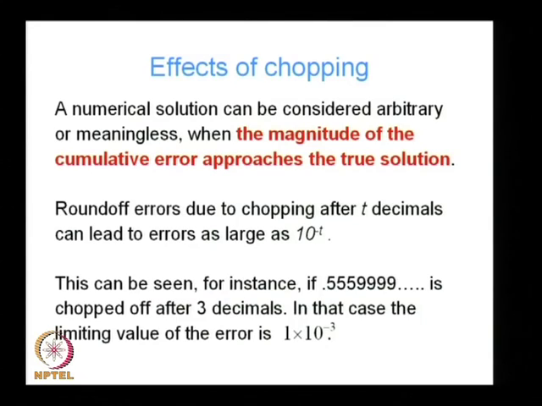If we chop this number after 3 decimals, that is we store only 0.555 in our computer, the error is of magnitude 0.000999999 up to infinity, and the limiting value of the error is 1 into 10 to the power minus 3. That is, round off errors due to chopping after 3 decimals can lead to errors as large as 10 to the power minus 3.